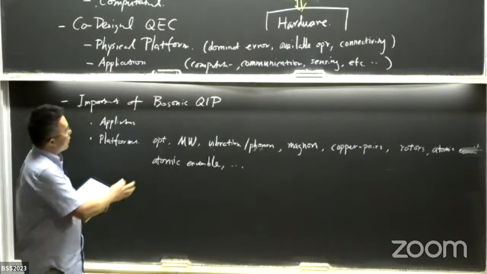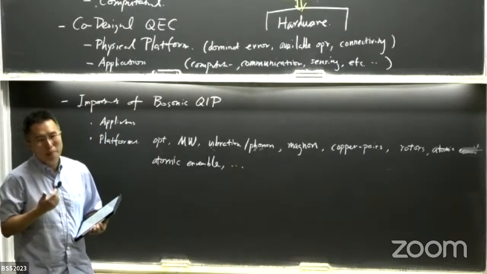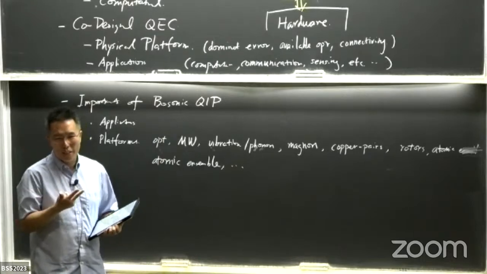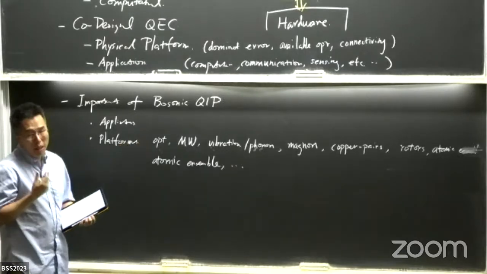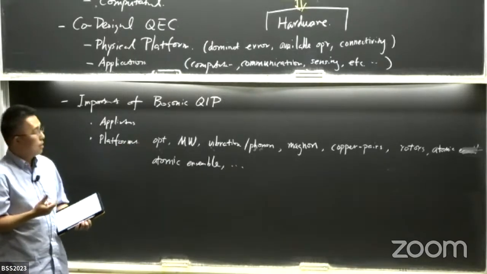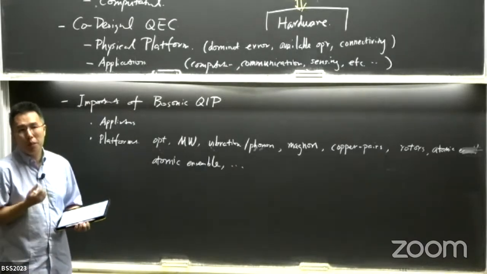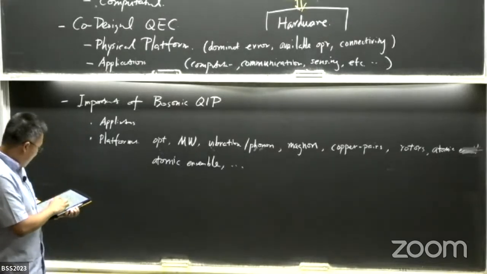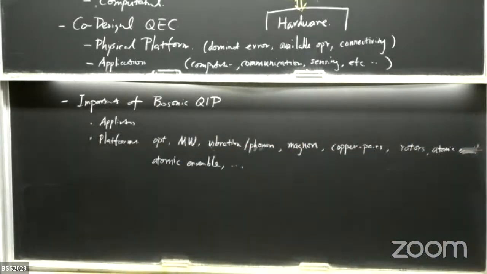The reason we're interested in this is that for quantum systems, there are only a limited number of models we know how to solve exactly: two-level systems, harmonic oscillators, and the hydrogen atom, right? Those are just a few good models we know how to model really nicely. And these bosonic systems have unique features that we can use for error correction. So let me give a comparison between typical bosonic systems and qubits.